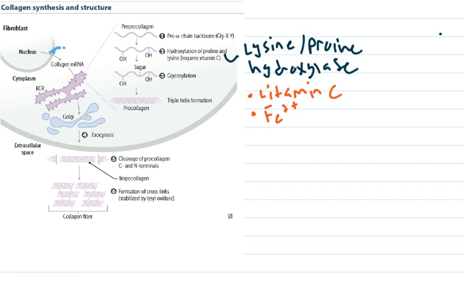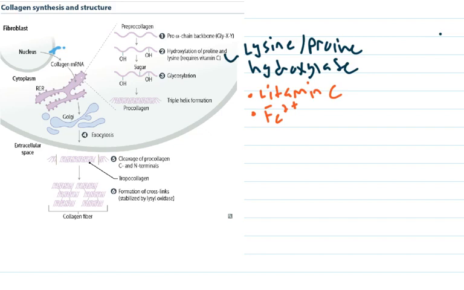And what glycosylation is, it's the addition of sugar moieties or disaccharides onto these amino acid residues. And specifically, glycosylation occurs on hydroxylysine residues. So we'll attach our sugars in the endoplasmic reticulum, and that's just another form of post-translational modification.